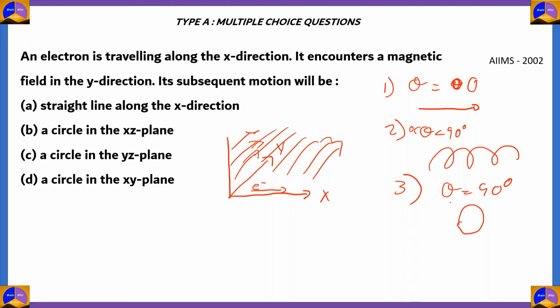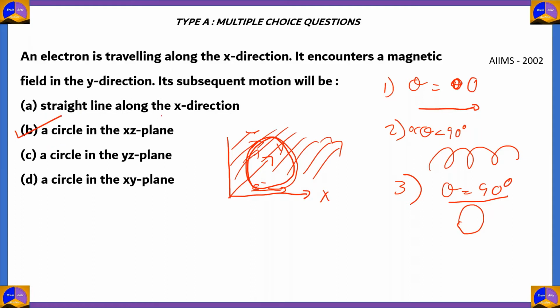So theta is equal to 90 degrees. So it will form a circular path, and this circular path will be perpendicular to the direction of the magnetic field. The plane which is perpendicular to the y-axis is the xz plane. Therefore, option B, circle in the xz plane, is the right answer.